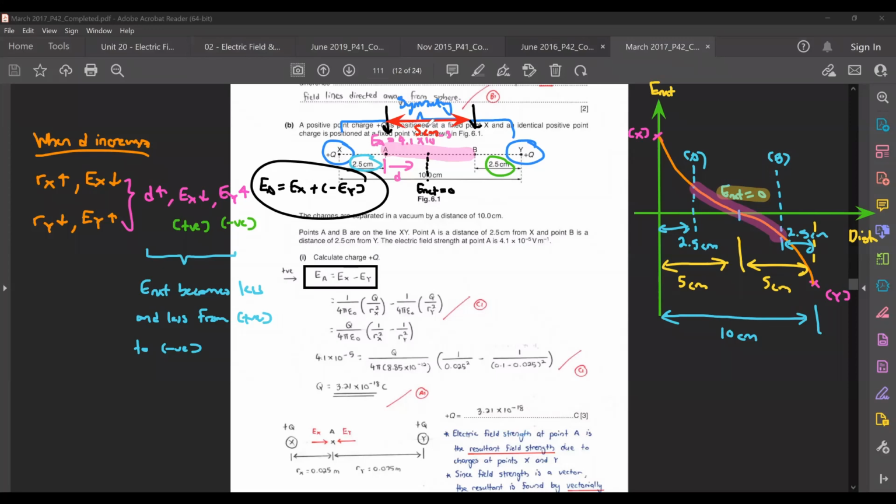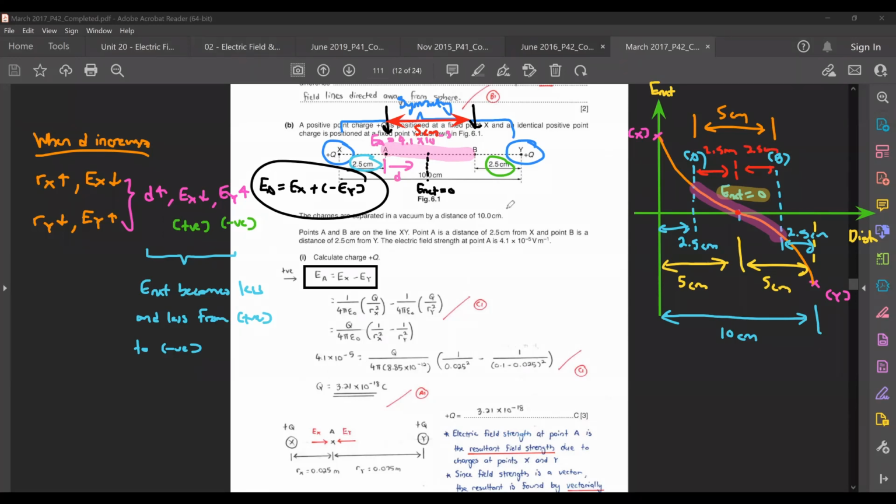It should cover only 5 centimeter length in total from A to B, and it will be having an E net equals to 0 exactly in the middle. In other words, it should be 2.5 centimeter here and also 2.5 centimeter here.